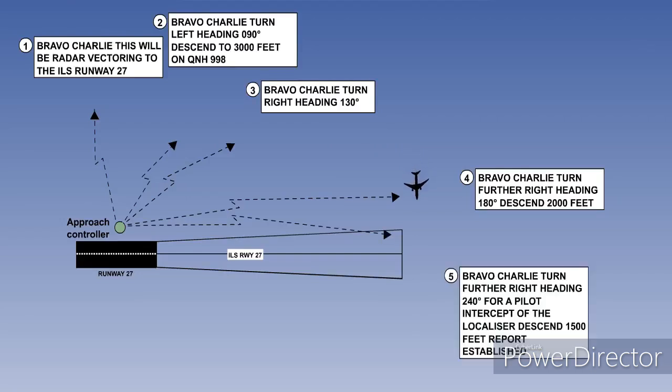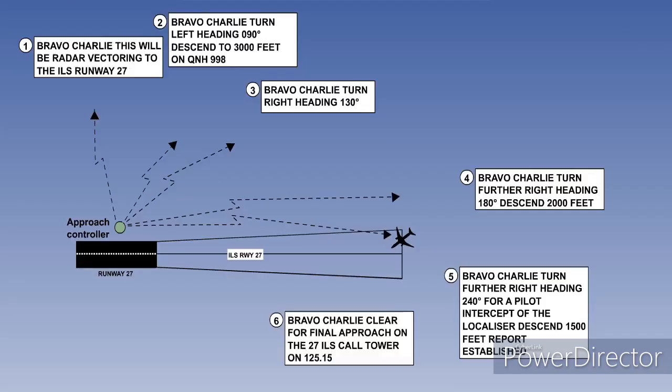Bravo, Charlie. Turn further right, heading 240 degrees, for a pilot intercept of the 27 localizer. Descend to 1500 feet QFE and report localizer established. Bravo Charlie, localizer established. Bravo Charlie, clear for final approach on the 27 ILS. Call tower on 125.15.